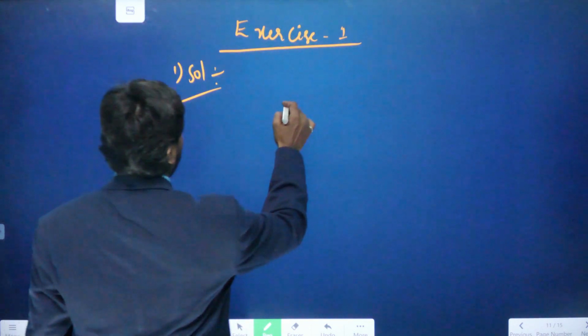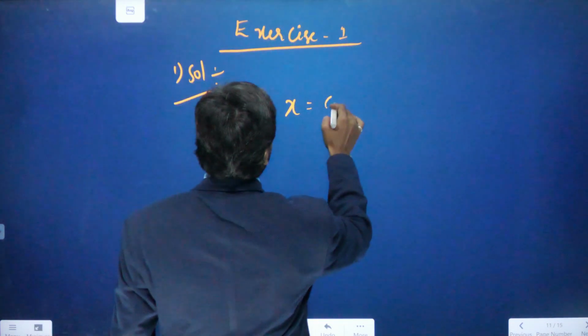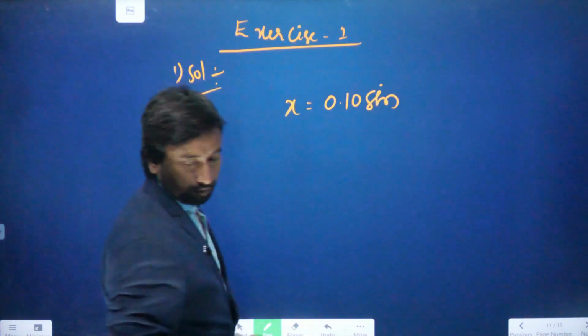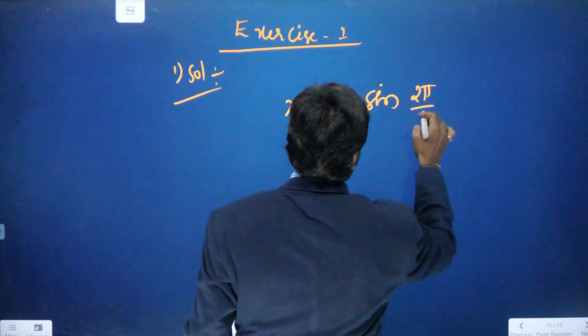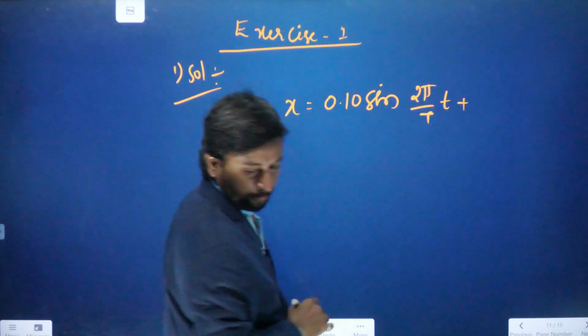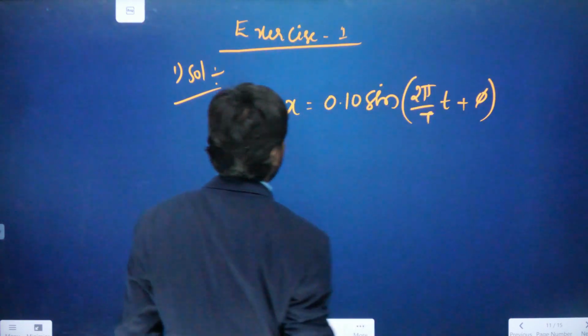So the given equation is x equals 0.10 sine of 2 pi by capital T into small t plus pi. This is the equation given.